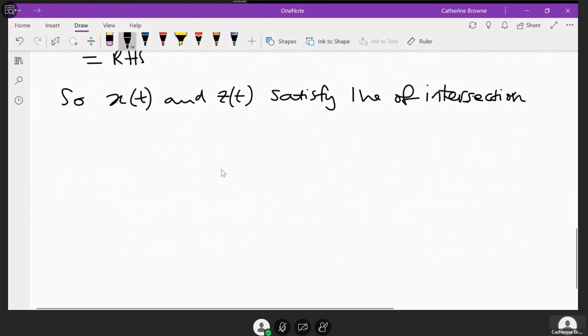And then for y, we go back to that equation 3. We have y squared is equal to 2x minus x squared. Is that what I have?